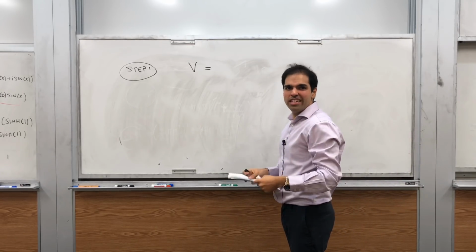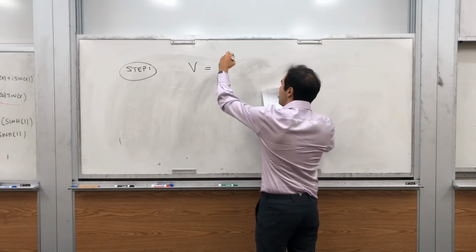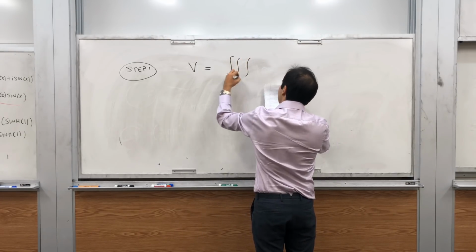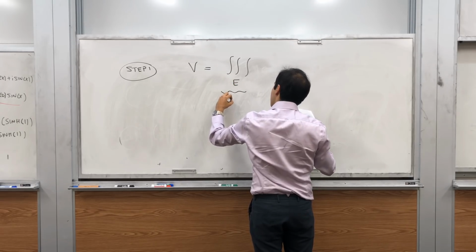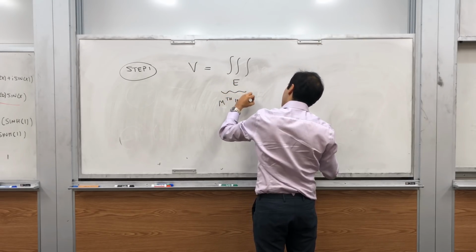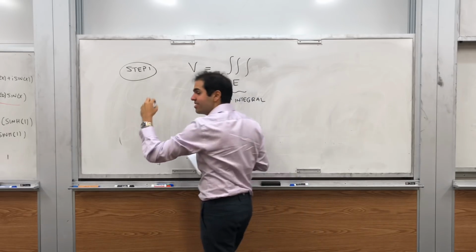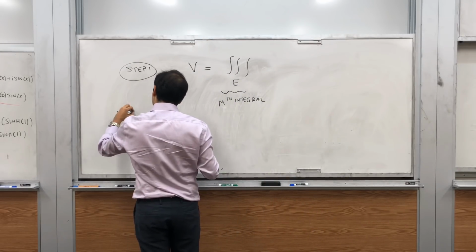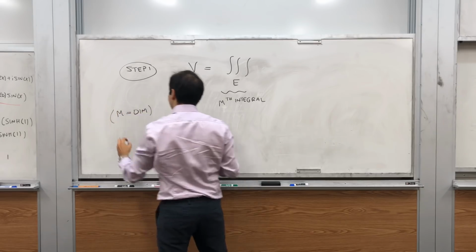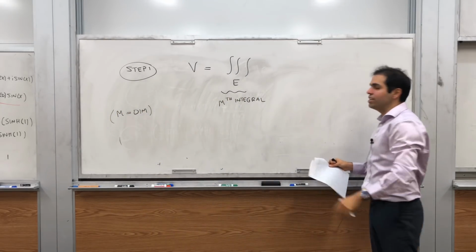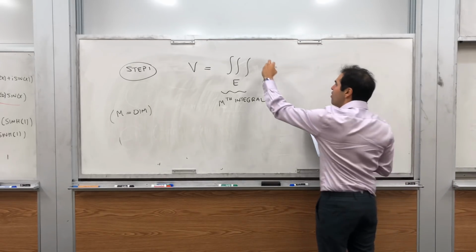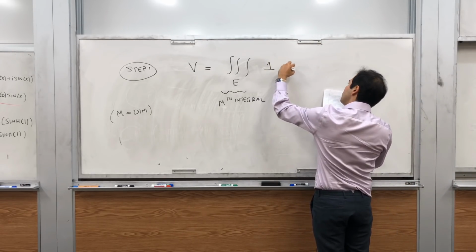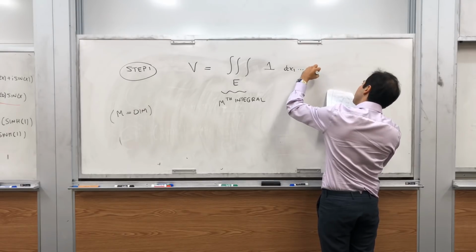In general, it's an mth integral, but I'll just write it as a triple integral, where m is just the dimension. So in 3 dimensions it would be the ball, in 2 dimensions it would be a disk, of 1 dx1 up to dxm.